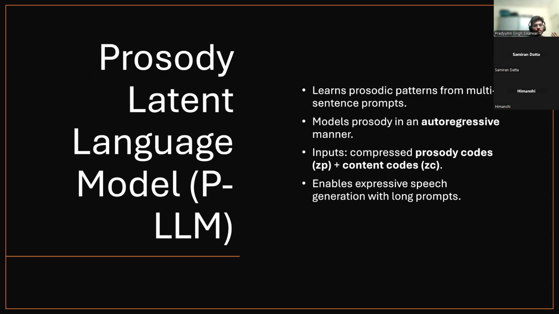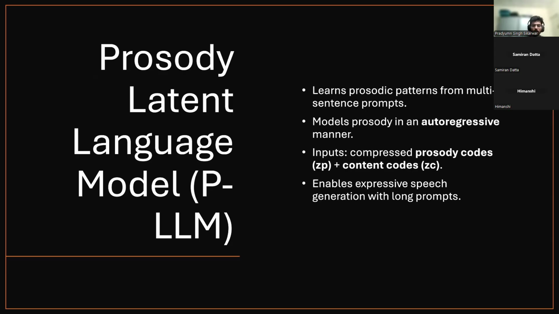Duration information is also added so that it becomes prosodically aware and we understand how each phoneme is given. Then the PLLM predicts the next prosody token in an autoregressive way, one step at a time. This is how speech naturally evolves, to avoid sudden transitions.